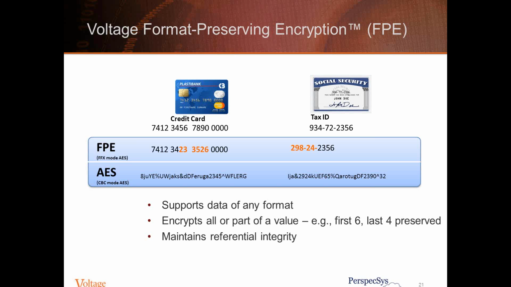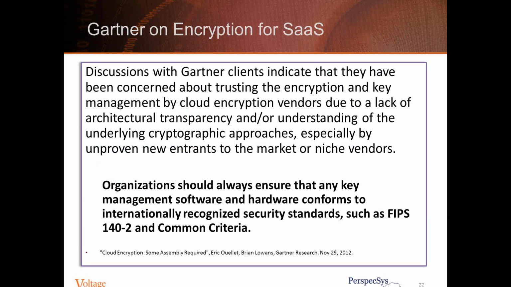We can lock data at the field level, preserve formats, and even go inside the field level to define how we want to reveal and protect that information. At the same time, because format-preserving encryption maintains referential integrity, any value put into the locked format is going to consistently stay locked the same way. That can be useful for analytics and other applications that need to have a one-to-one mapping of source data to locked data. Next slide, please.